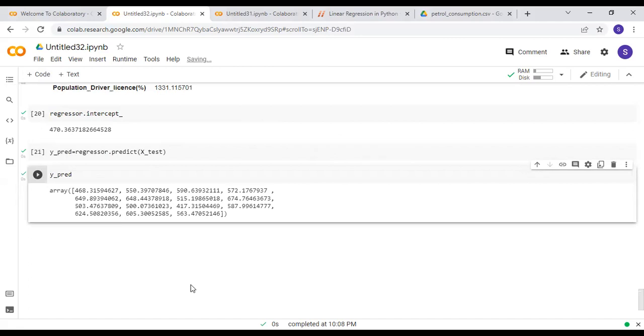So these are the predicted values from the creation of the model with respect to the target values. These are my predicted values. This is the predicted value of the model with respect to the target values.